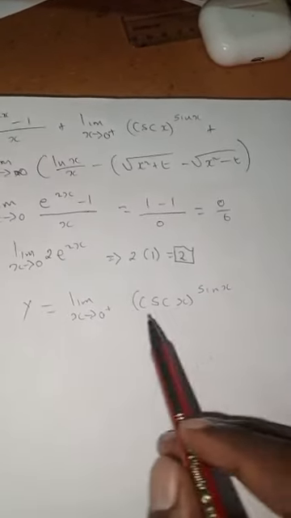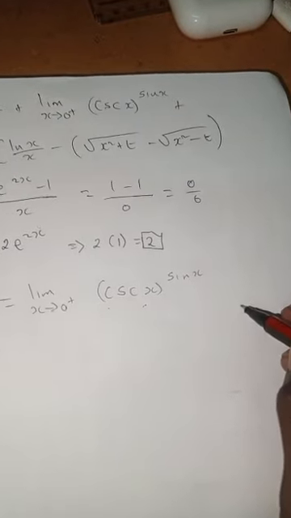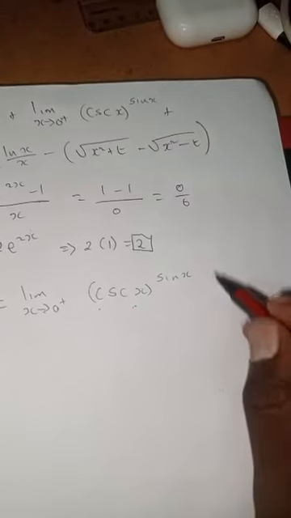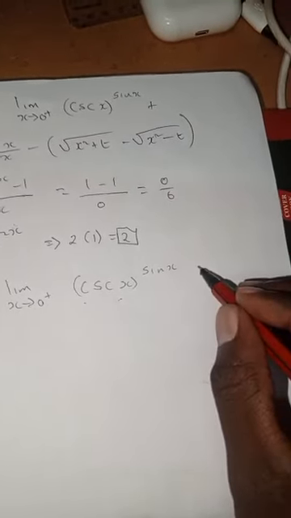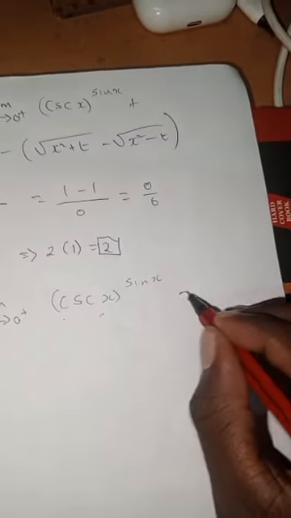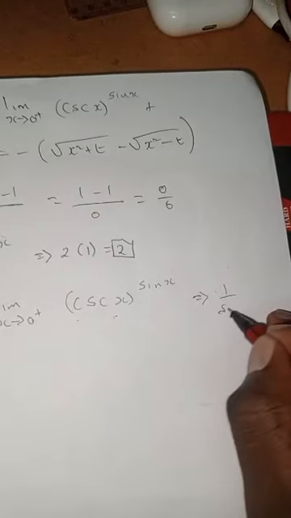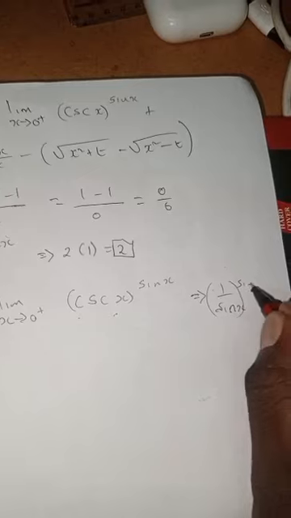Now if we apply the limit here, what is secant x? Secant x is the same as 1 over cosine x. Let's write it into that form, which is so nice: we have (1 over cosine x) to the power sine x.